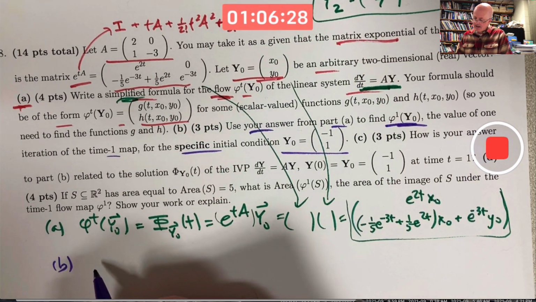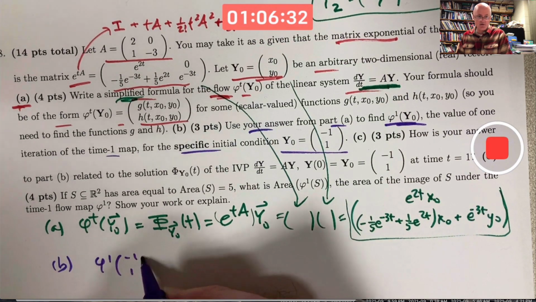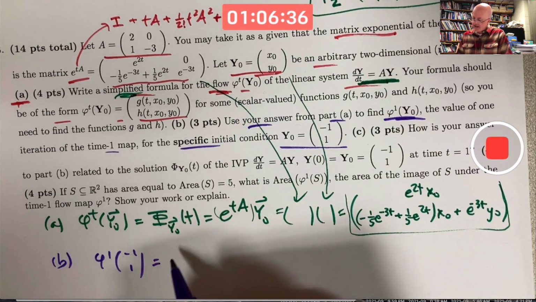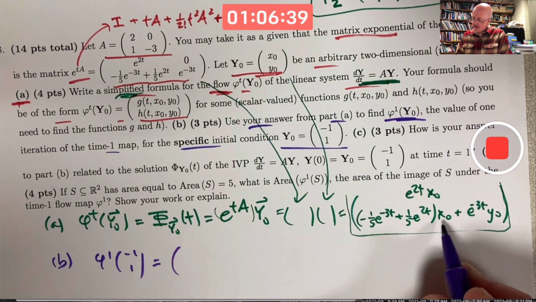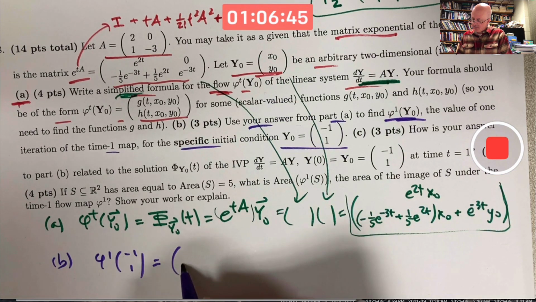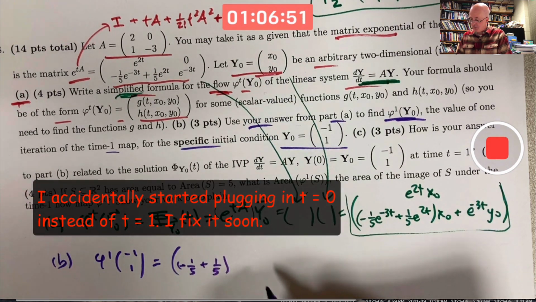So phi 1 of y0, where y0 is this particular vector, I'll go ahead and put it in there, is, again, okay, plug in t equals 1, x0 is negative 1. I suppose we should simplify this when we do it. So I get negative 1/5 e to the 0 is 1 plus positive 1/5. Hey, those cancel out though. That's nice.